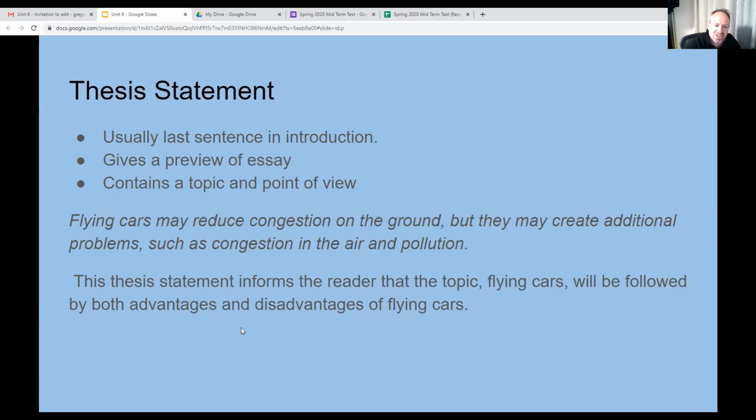Yep, so here congestion in the air and pollution are two main points to support the main argument. Yeah, which is, they might cause additional problems. Reduce congestion, but cause problems. For example, congestion in the air and pollution. This thesis statement informs the reader that the topic, flying cars, will be followed by both advantages and disadvantages of flying cars.